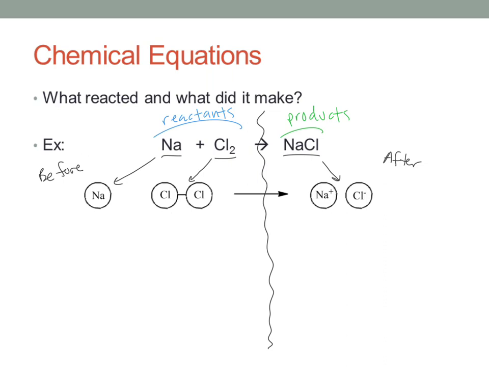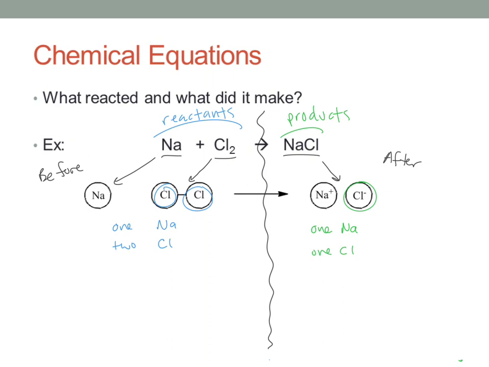Because on the reactant side I have 1 sodium atom, but I have 2 chlorine atoms. Now that's not problematic in and of itself, but on the right-hand side I have 1 sodium atom and I have only 1 chlorine atom. 1 Cl. I only have 1 Cl.